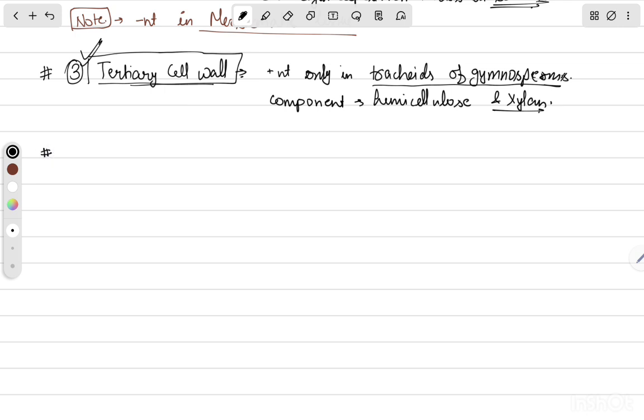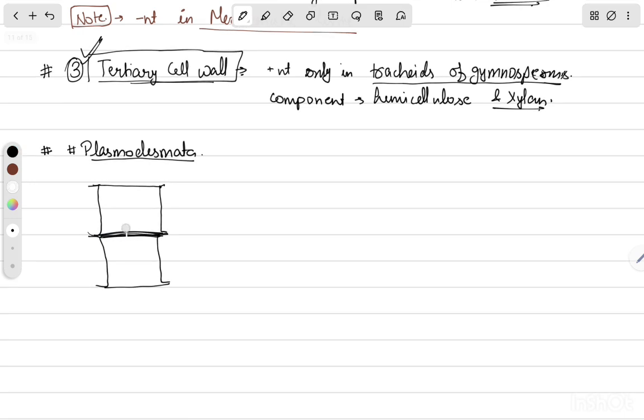Next is plasmodesmata. Now, what is plasmodesmata? Suppose we have two plant cells, right? Connected at this end.